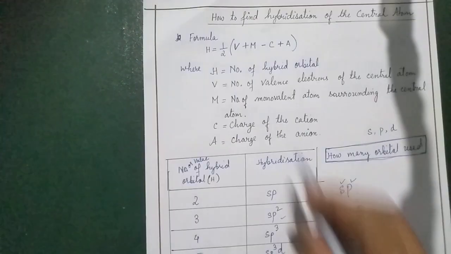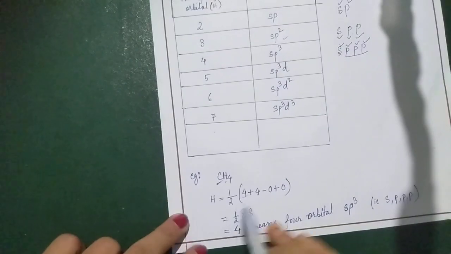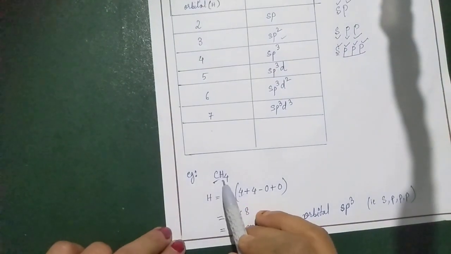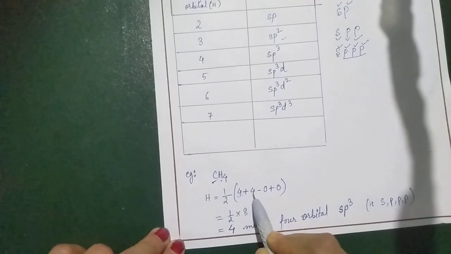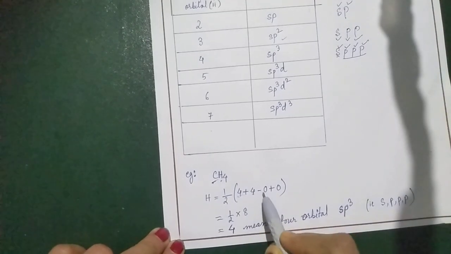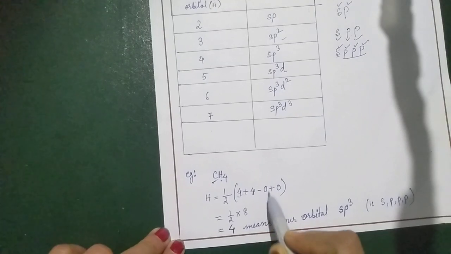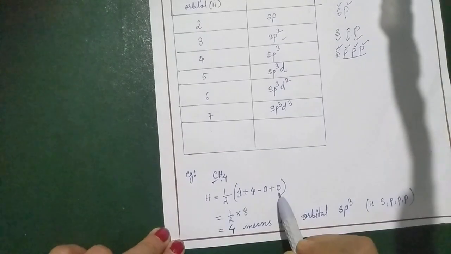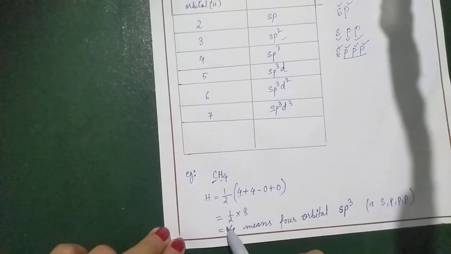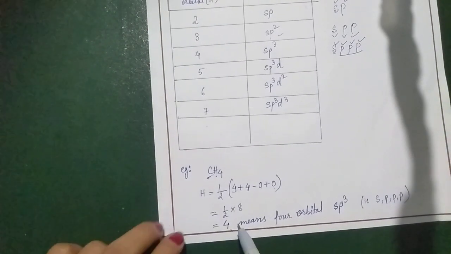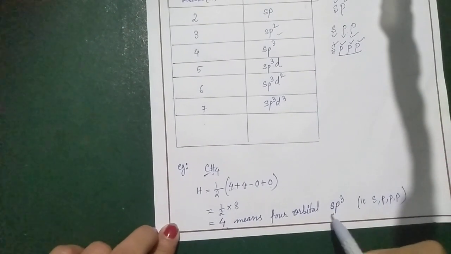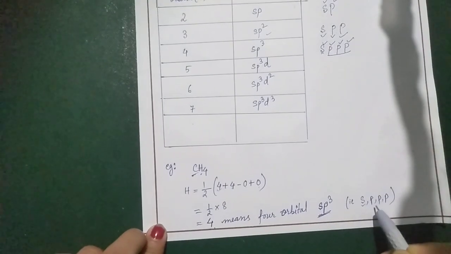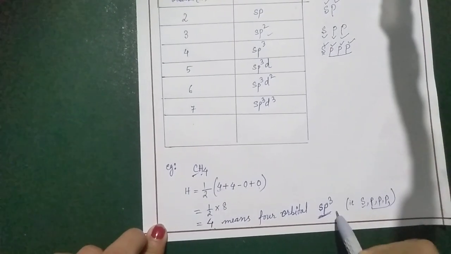Hydrogen is monovalent, so 4. Then minus the charge of the cation: there is no charge at all, so it is 0, and the anion charge is 0. By calculating we got 4. 4 means it should have 4 orbitals altogether. So sp3, that is 1s and 3p orbitals make sp3.